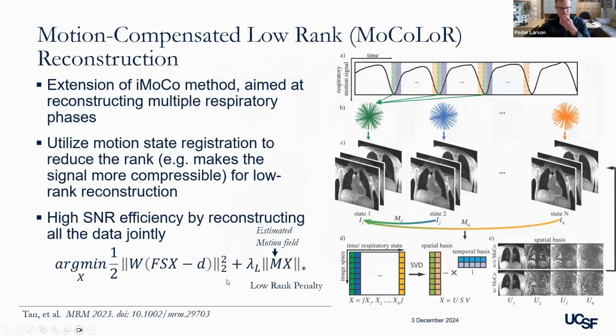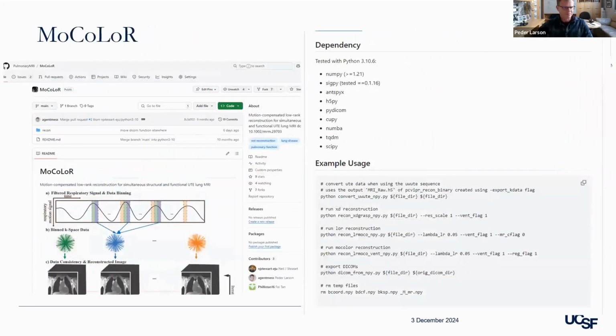The next iteration of the algorithm, we got more motion fields, and I'm bringing this up because there's a lot of image registration going on here. So this is the page for that. What I want to highlight here is what I've pulled out, the dependencies. And this is just one of those things you've got to deal with. You've got to do it right, from the start, understanding what libraries you're using, what versions, dependencies, especially with things that are a little more exploratory, like SigPy I've got up here.